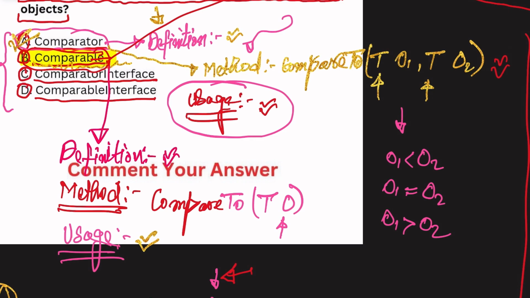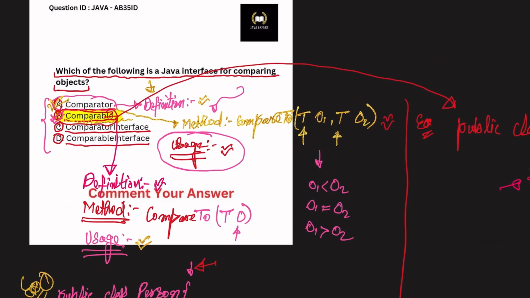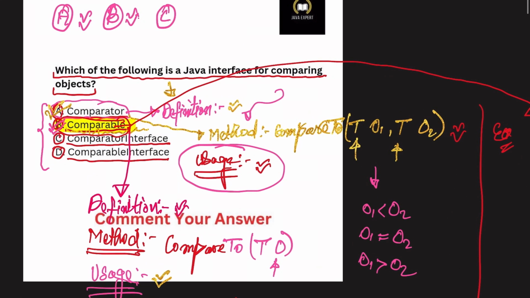Comparable is an interface. So now we have seen option A is correct, option B is correct. Let's check option C. Option C we have comparator interface.